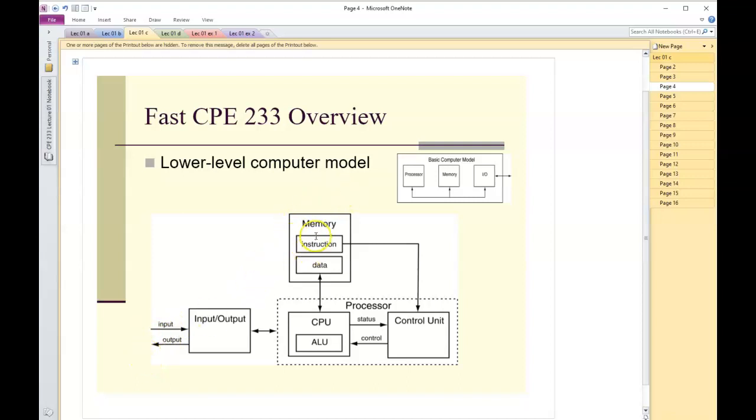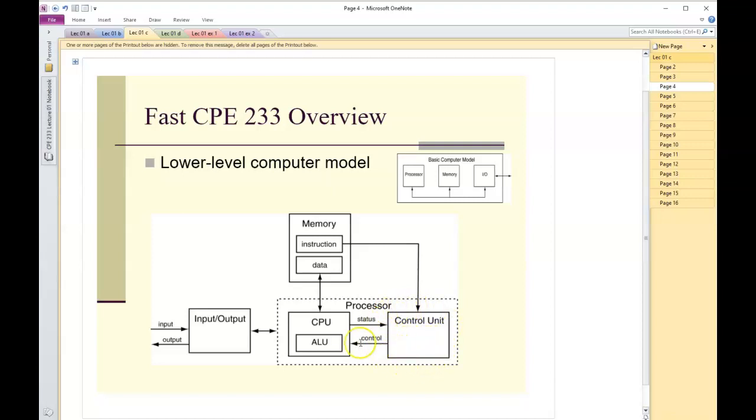The memory, generally speaking, has two types of things that it's going to store. One is the instructions, and then there's going to be some generic data as well. The processor is going to grind that data around, passing it back and forth between memory. But there's also a control unit in there.